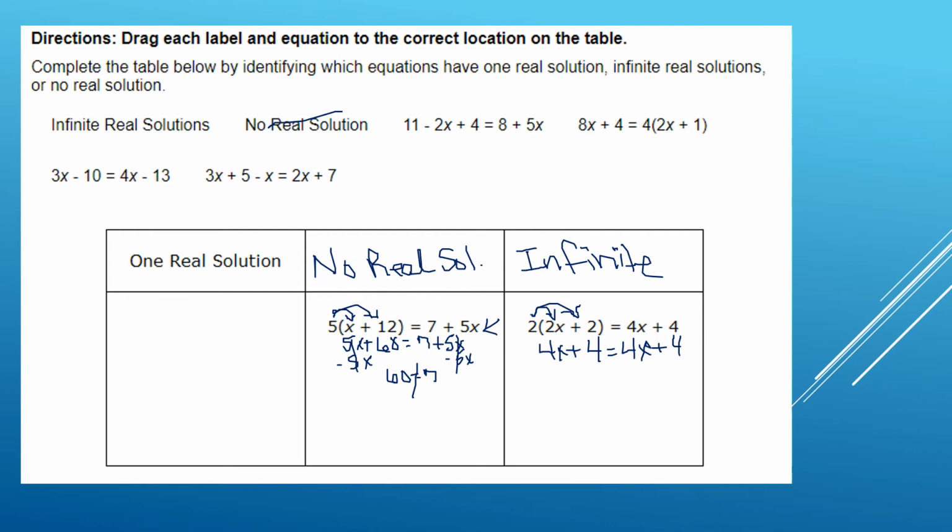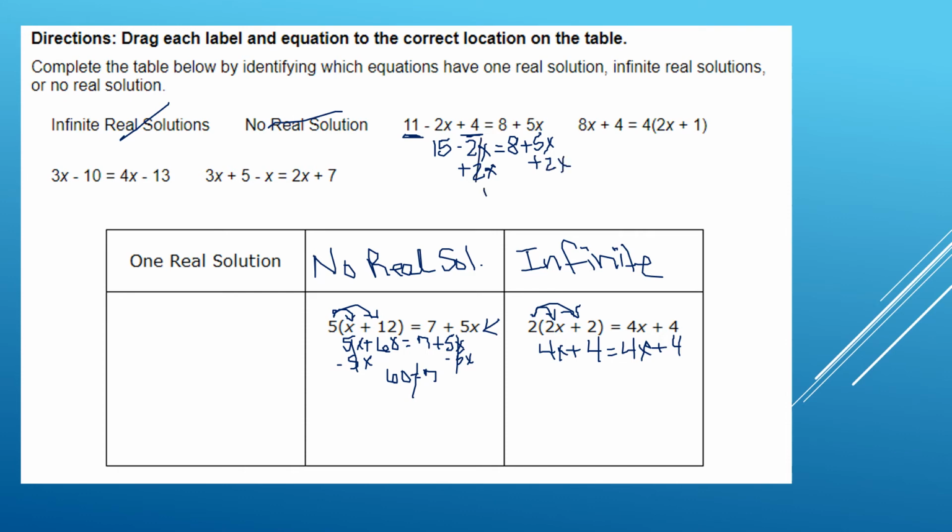Okay, so I've used both of those now. So now I can go up to the top and solve these. I'm going to look at the first one, and I see that I can combine 11 and 4. 11 and 4 is 15, minus 2x equals 8 plus 5x. I'm going to add the 2x over here.